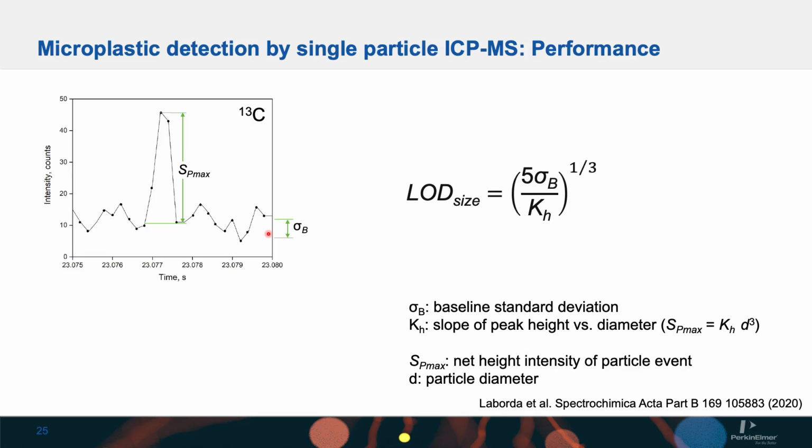If we consider that the particles are solid spheres with a diameter d, we can calculate the size limit of detection by using this expression: the cubic root of a multiple of the standard deviation of the baseline divided by the slope of a calibration of the peak height versus the cube of the diameter. Although you can find different criteria for estimation of size detection limits in the literature, we have demonstrated that the 5 sigma criterion is a safe option to avoid false positives arising from the baseline readings. It is the criterion we have followed here.